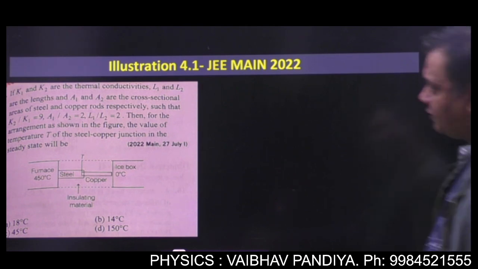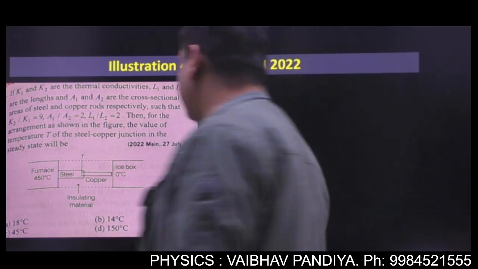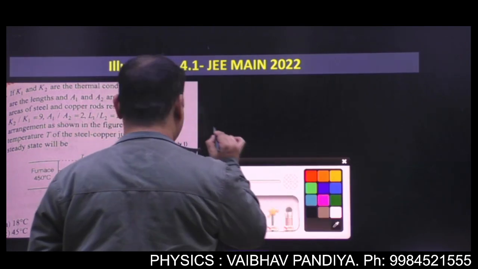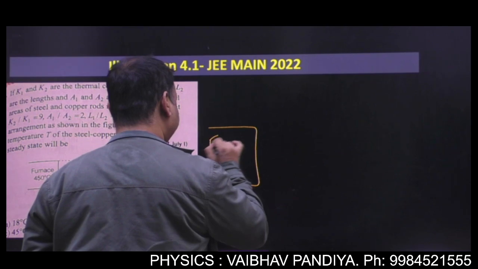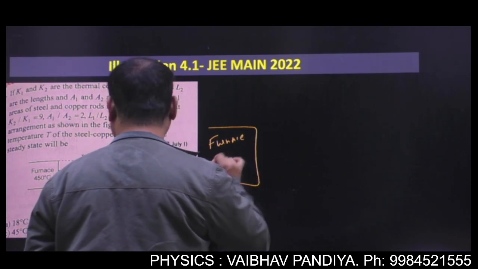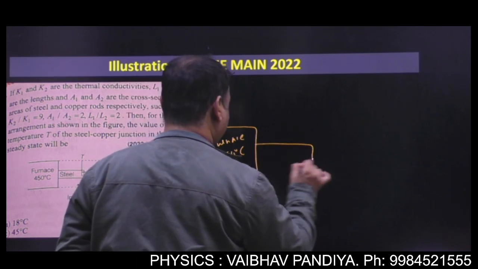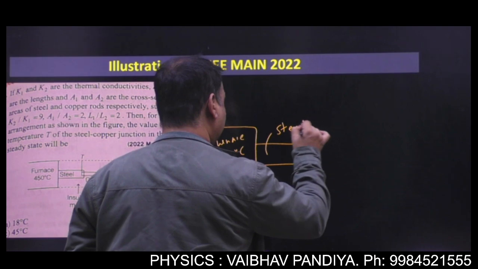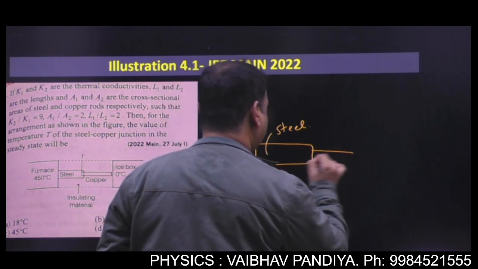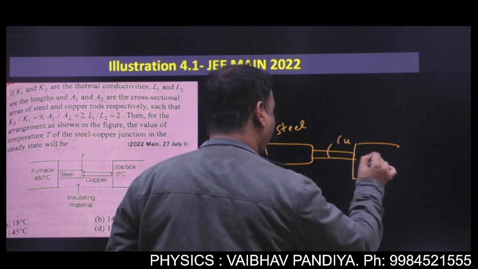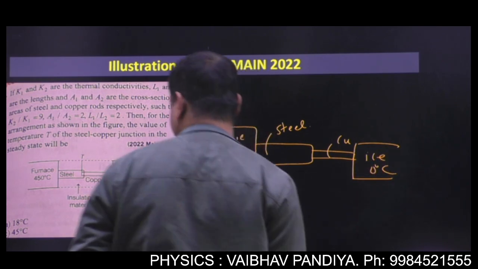So see a problem from JEE Main 22. Here you are given, we have a furnace at 450 degrees Celsius. There is a steel rod, and then we have copper, and there is an ice box at 0 degrees Celsius.